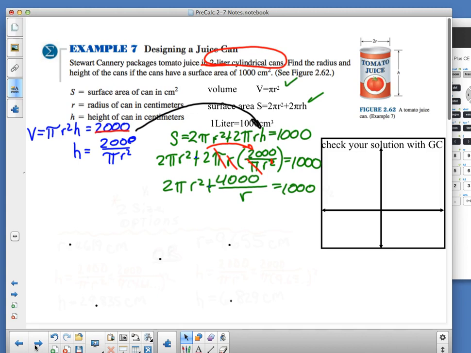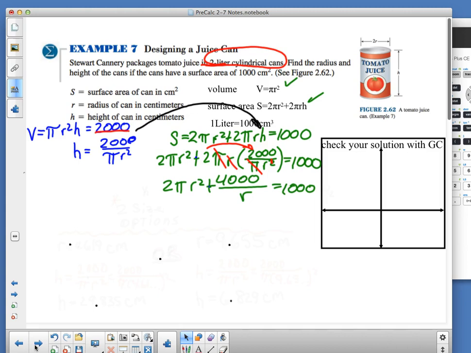Now, I'm going to use my calculator on this. I'm not going to have you try to factor it out or anything, because we have that as a tool, and that's one of the things we're doing today. Our objective today is to solve rational equations using substitution and the graphing calculator. Well, I've got substitution, now I'm going to use the graphing calculator.